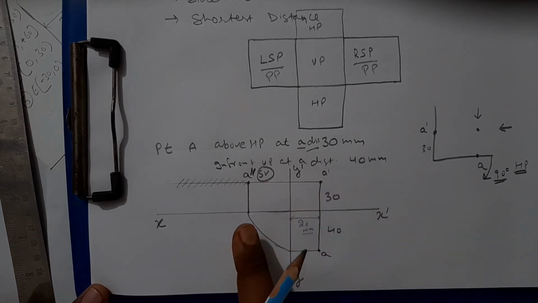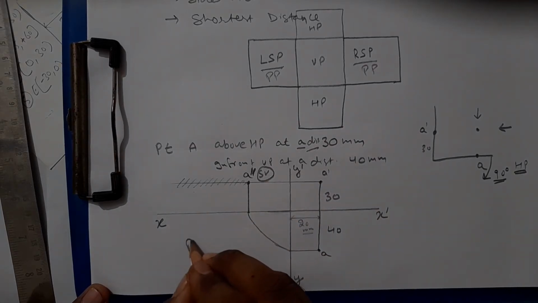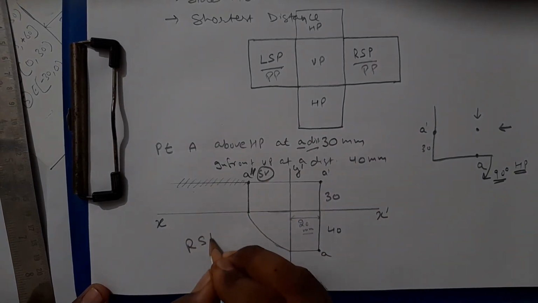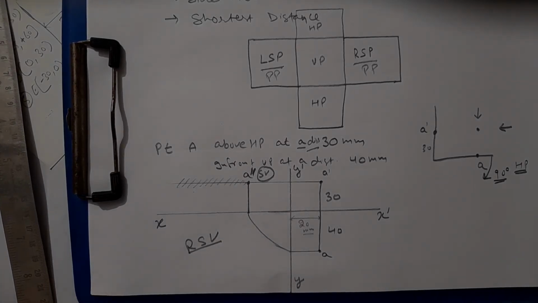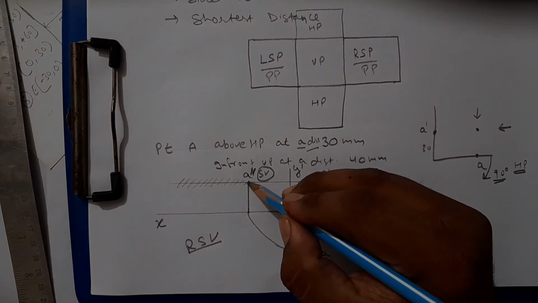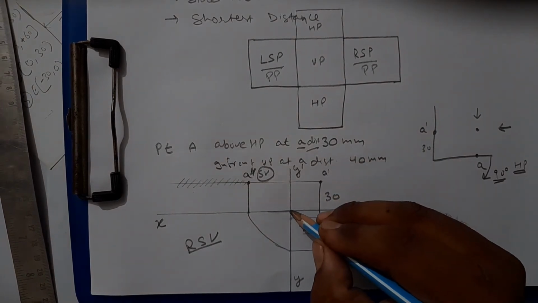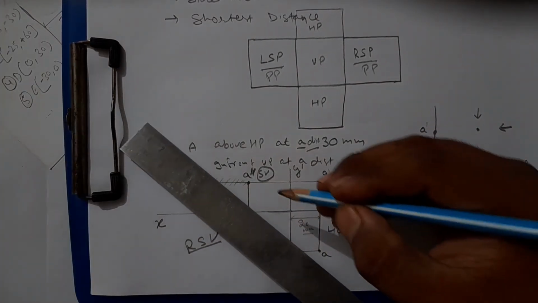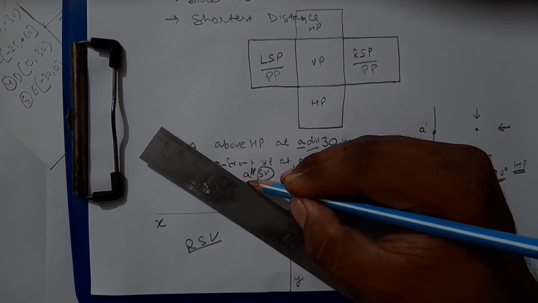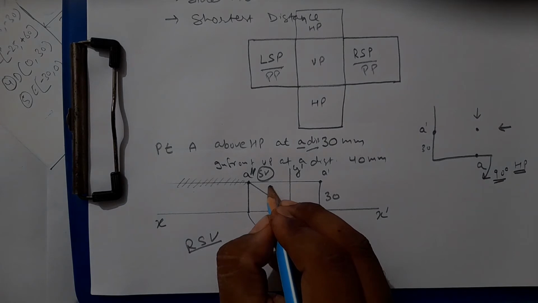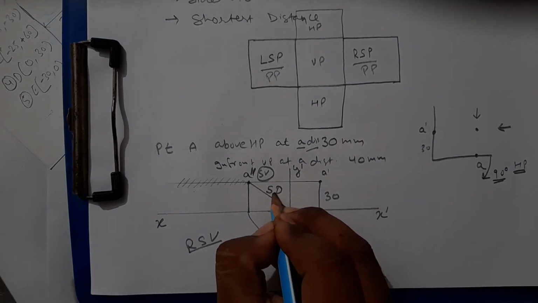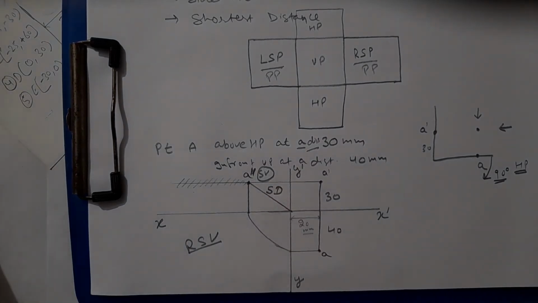This is on the left side plane. This view will be the right hand side view. The line joining this A double dash and the origin will be the shortest distance. We need to measure this shortest distance with the help of a scale. No calculation is needed in engineering graphics and drawing.